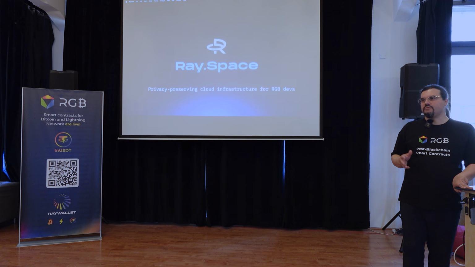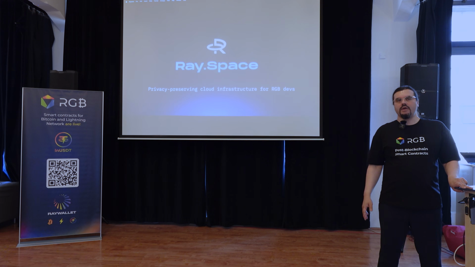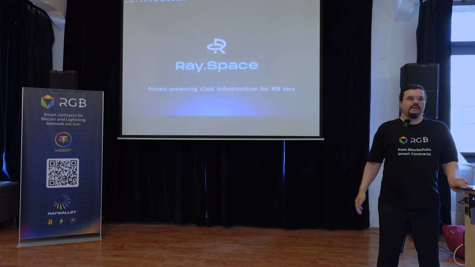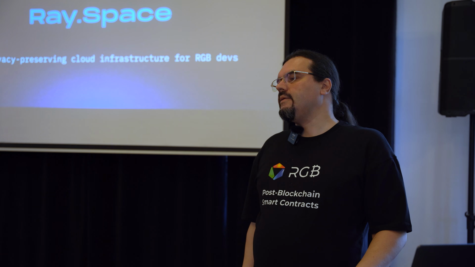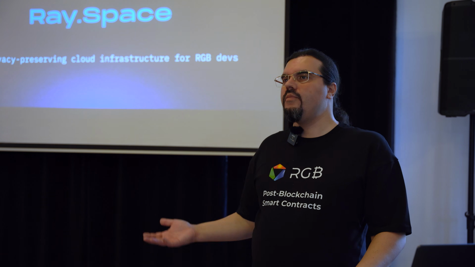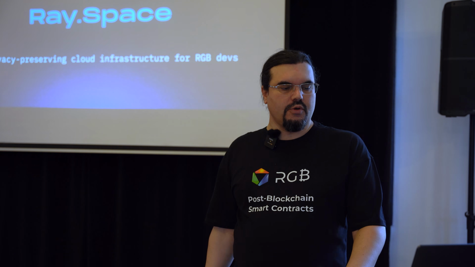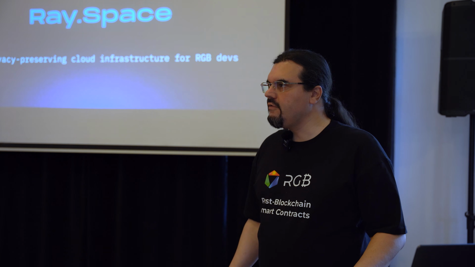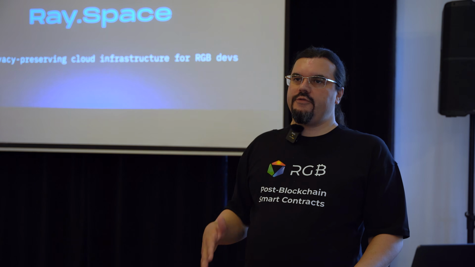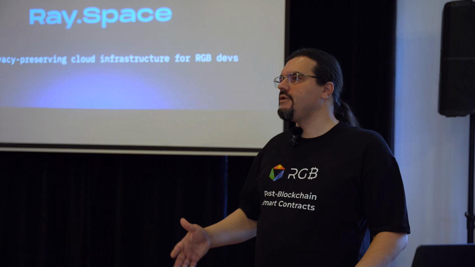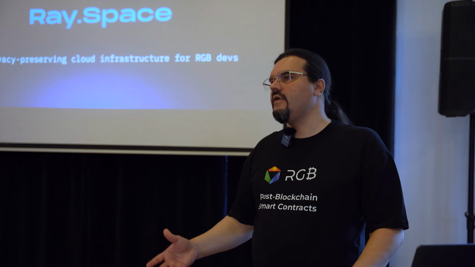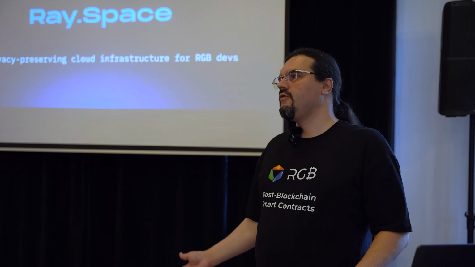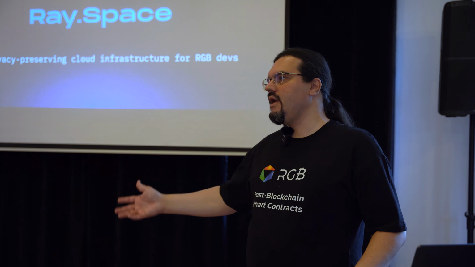Many of you heard about Green Light, which is a Lightning project where you have a non-custodial solution for the Lightning Network. RaceSpace will operate the same way for RGB overall, both RGB on chain and RGB on Lightning. So it's a non-custodial solution, but it's also privacy preserving because you will be able to rent your own virtual server running the whole infrastructure stack, including Bitcoin Core, so you don't share your data with anybody else.